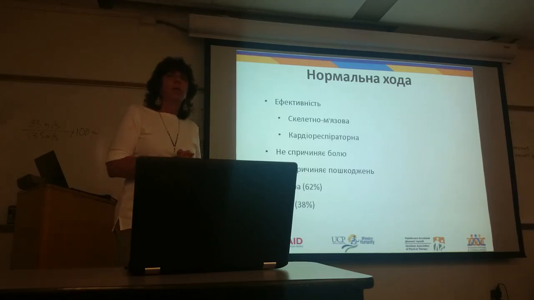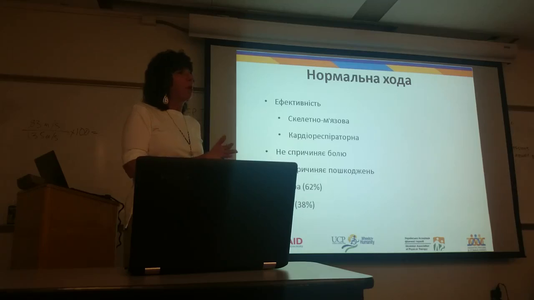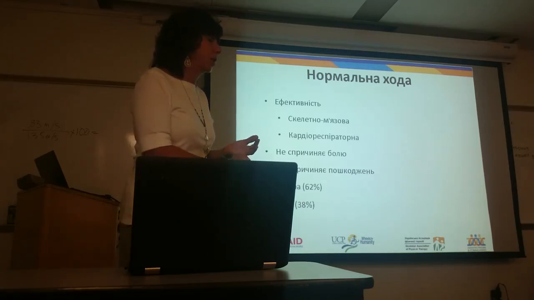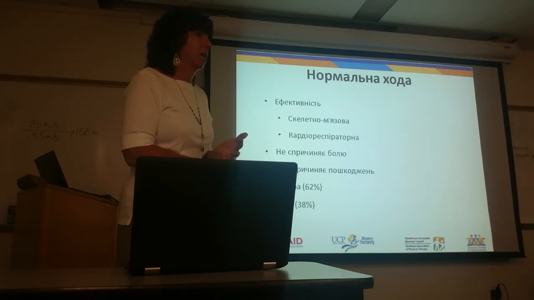Okay, so what is normal gait? Again, before we learn about pathological gait, we have to have a thorough understanding of normal gait. First of all, normal walking is efficient, both for our musculoskeletal system and our cardiorespiratory system. What do we mean by that?